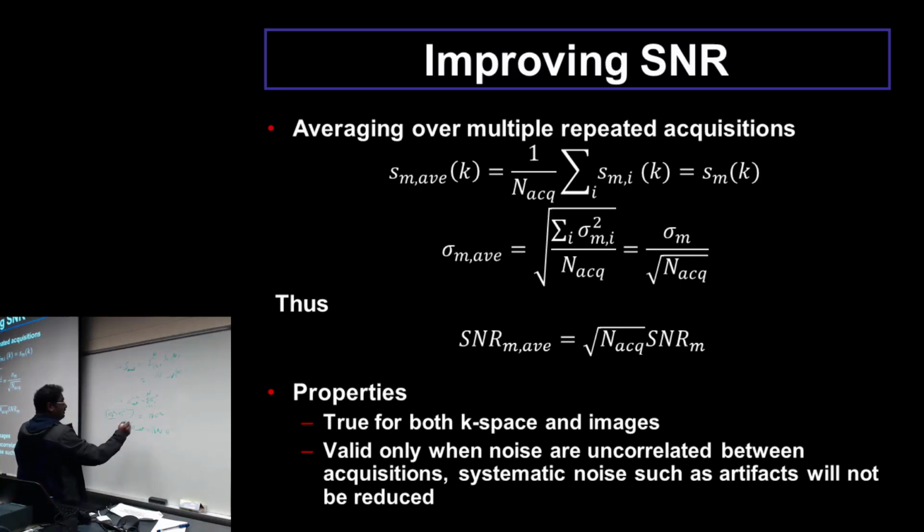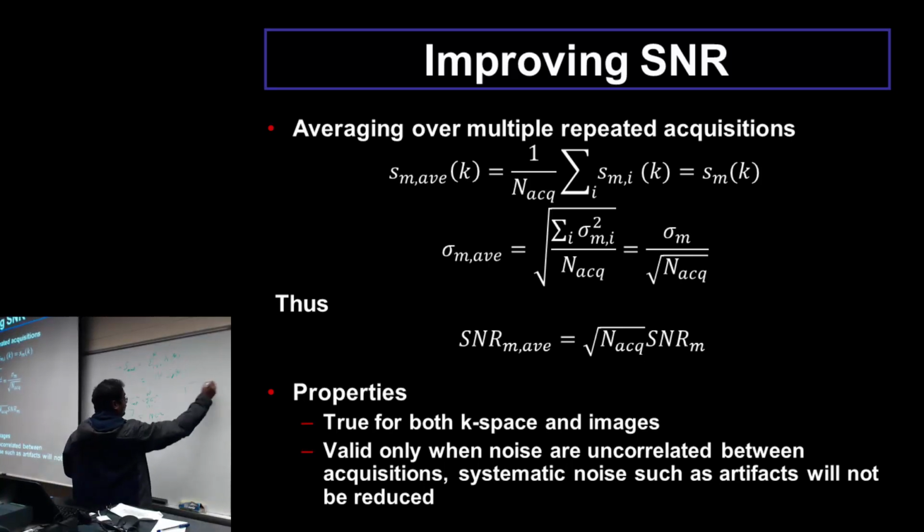Now the new signal to noise ratio, SNR, is n S of k divided by square root of n sigma. Sorry, yeah, noise is reduced by a factor of 1 over square root n. So that's S of k by sigma times square root of n.